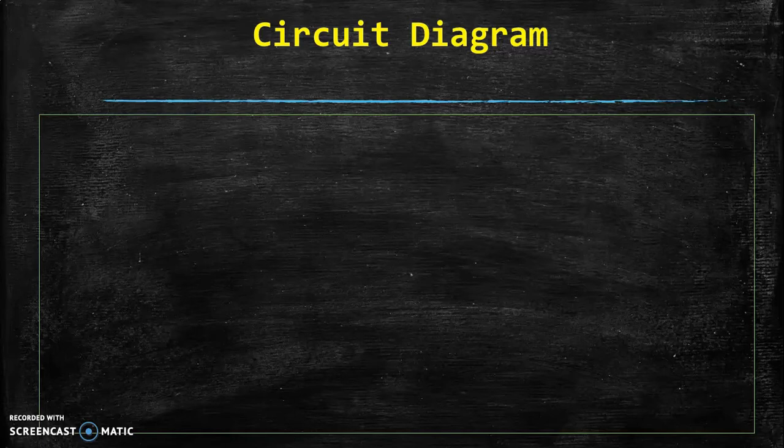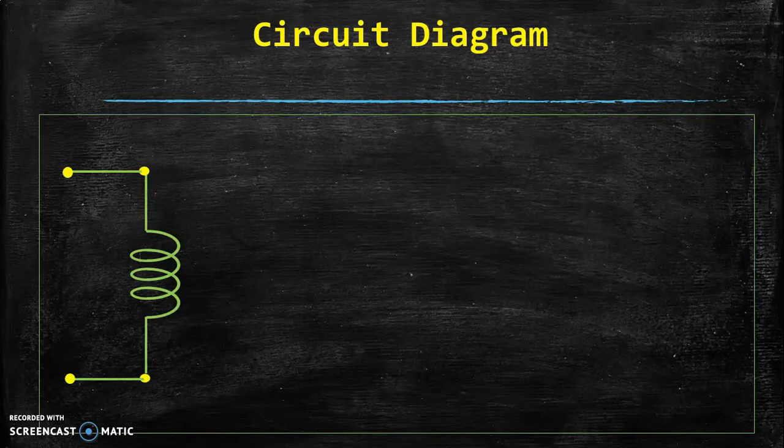First of all, let us see the circuit diagram. We use one transformer. Transformer is used to step up or step down the input AC supply voltage as per our need of the DC voltage. At the primary of the transformer, 230 volt AC single phase supply is connected.